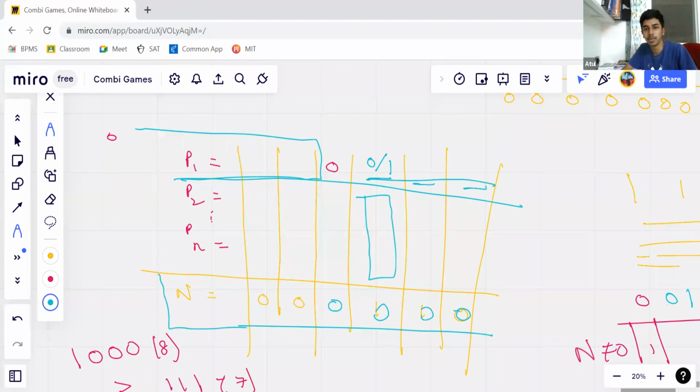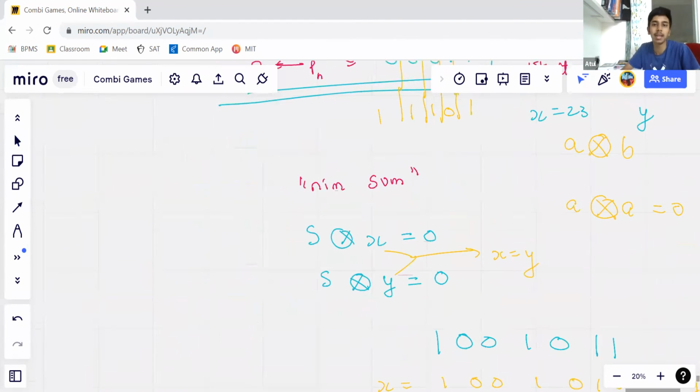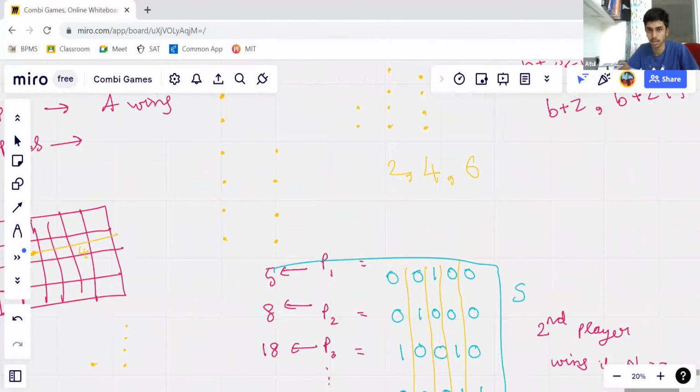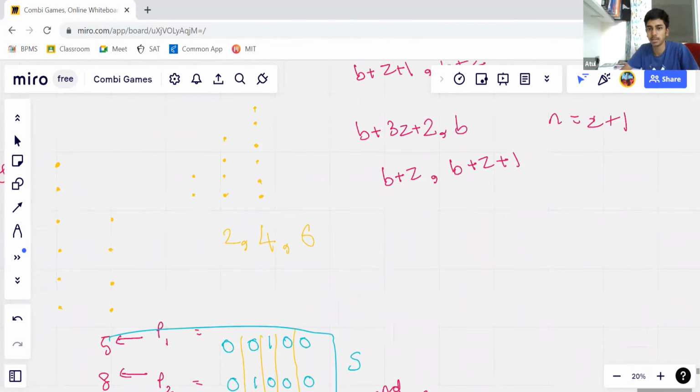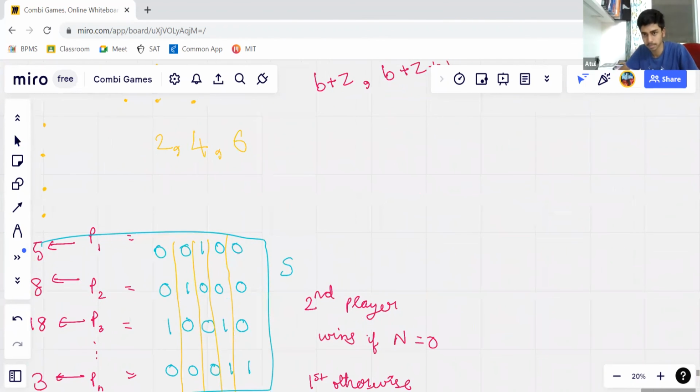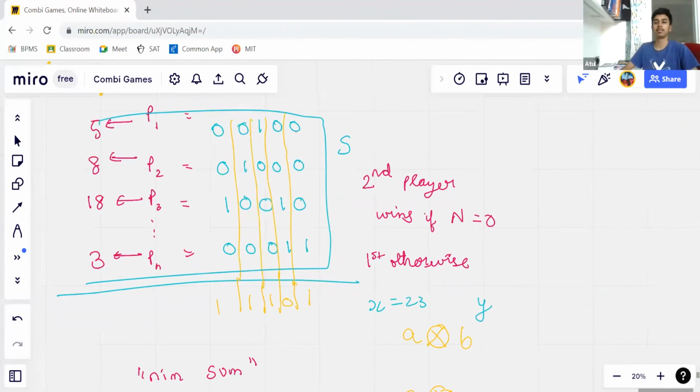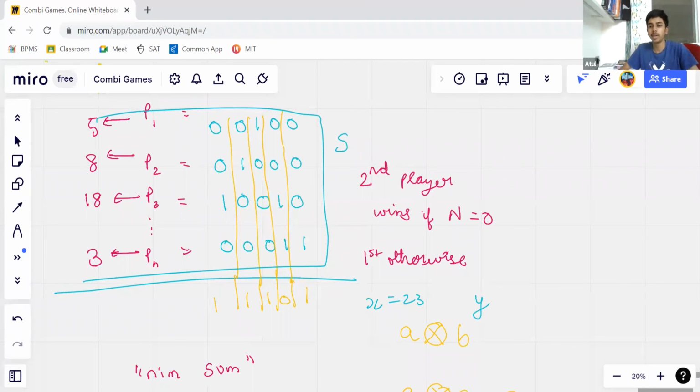So if it was 0 to start off with, then the second player wins. And if it was non-zero to start off with, you can make it 0 and the first player wins. And that is exactly the winning strategy mentioned here. Are there any questions about this?